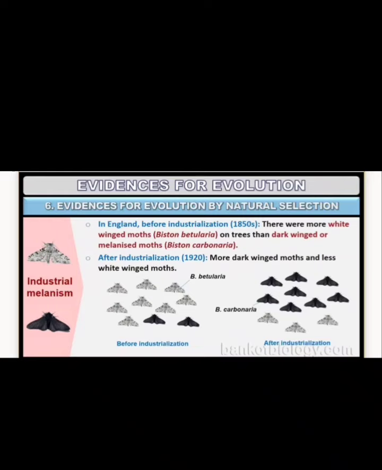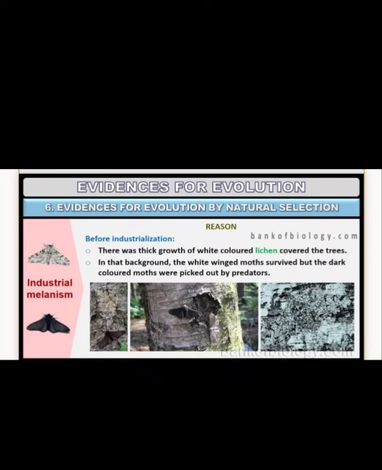So what happened actually? The reason was, before industrialization there was a thick growth of white-colored lichen which covered the trees. Lichens only grow in a very clean, pure area where there is no pollution.